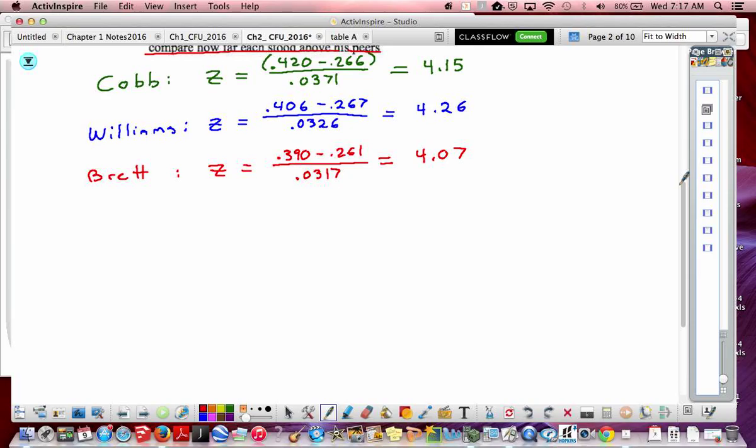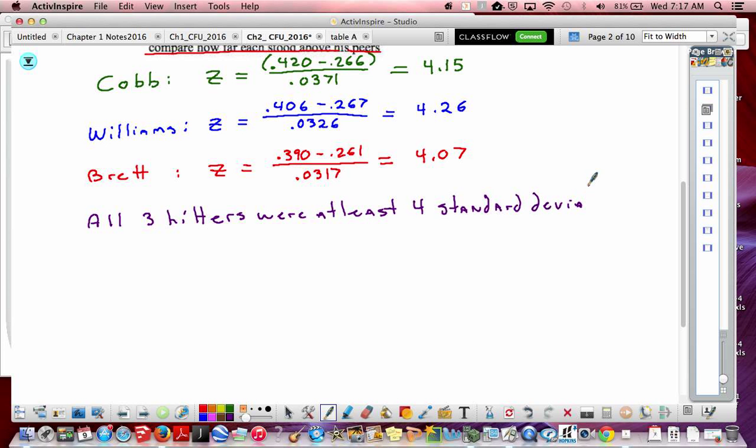That is, as we'll continue to talk in this class, very impressive. So all 3 hitters were at least 4 standard deviations above their peers.